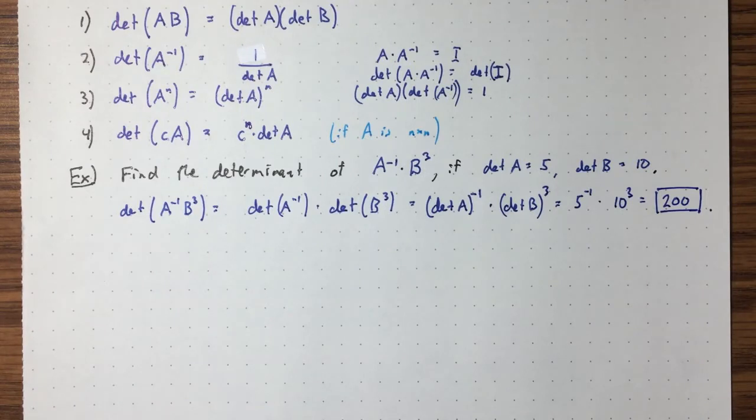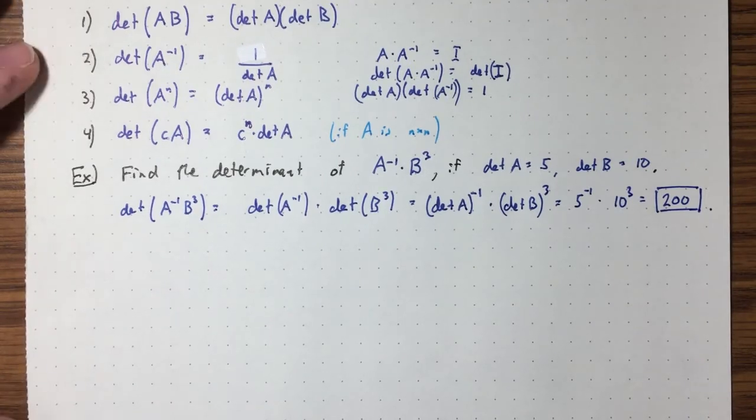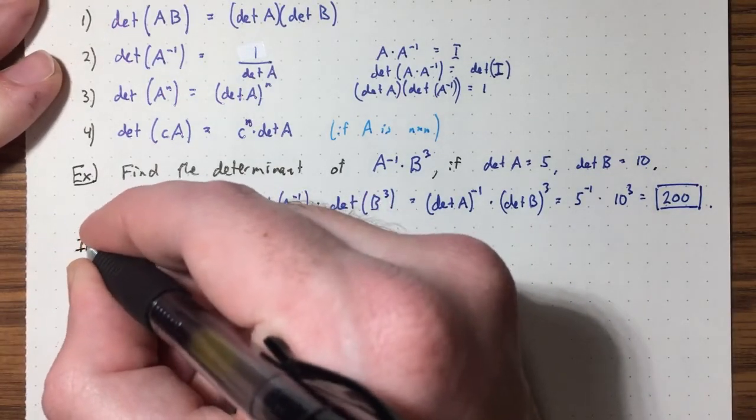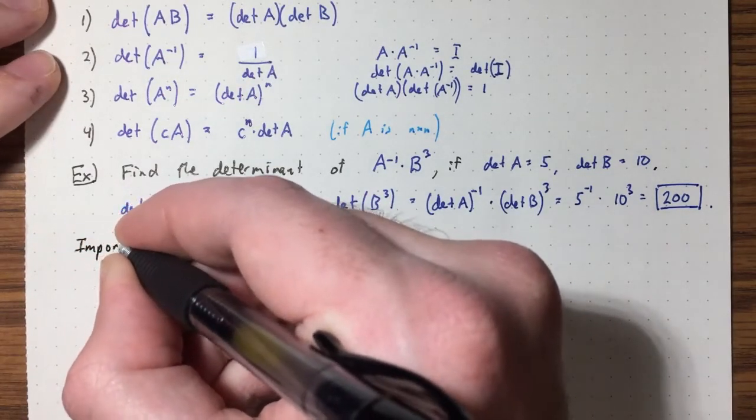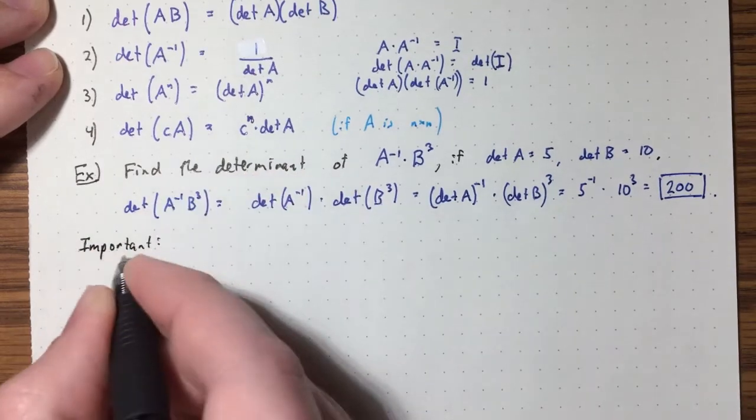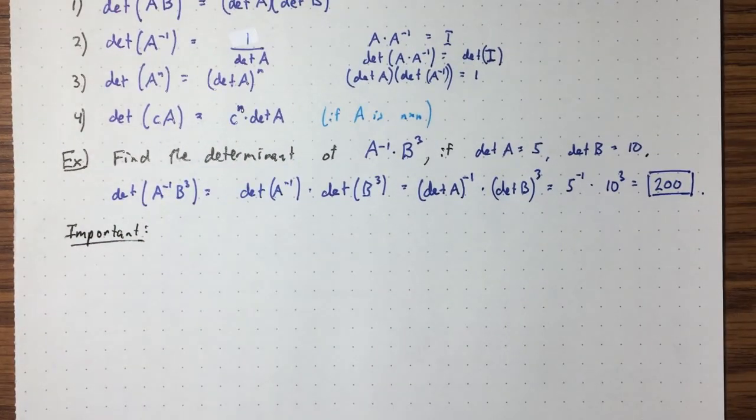Okay, so what's the most important fact of all? The determinant is this one number, and it has a lot of information. For example, it tells you how the linear transformation is changing area or volume. It tells you whether it's flipping the orientation with a negative sign or a positive sign.